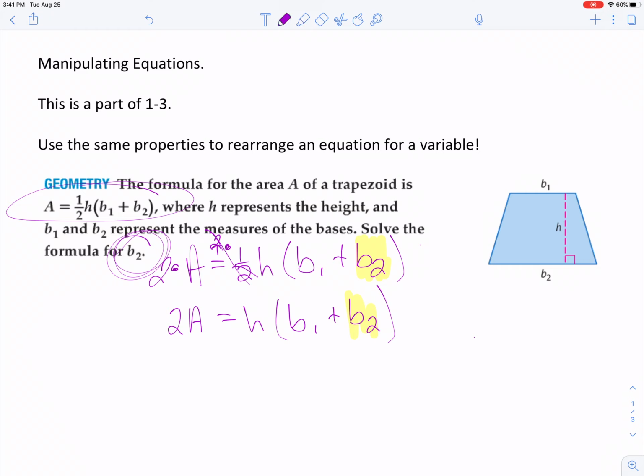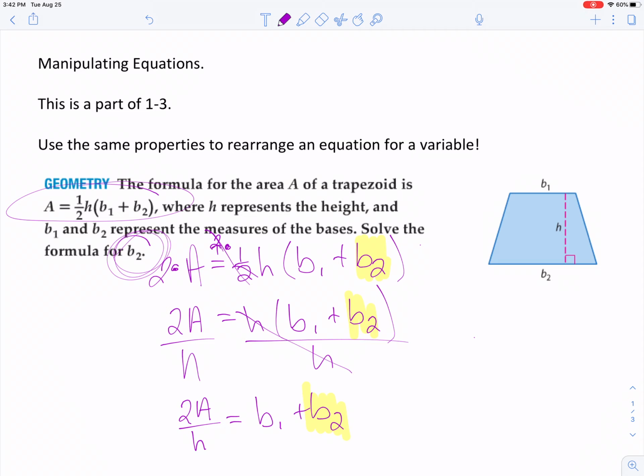Next, to get the parentheses by themselves, I'm going to divide by h. So that allows those to cancel. And I have 2a over h equaling B1 plus B2. Last but not least, B1 is connected to B2 using addition-subtraction. So I'm going to add the opposite.